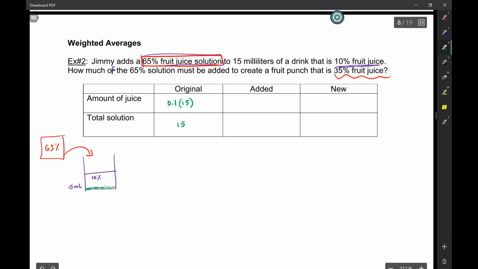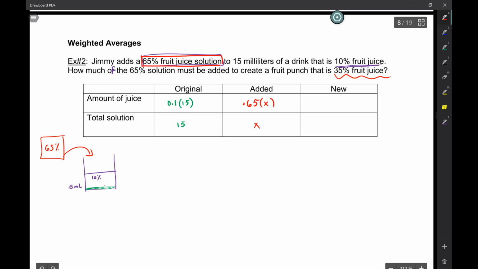Now, in the one that he's adding, how much of it is juice? 0.65 of the amount that he's adding. How much we're adding, we don't know. So how much solution is he adding?